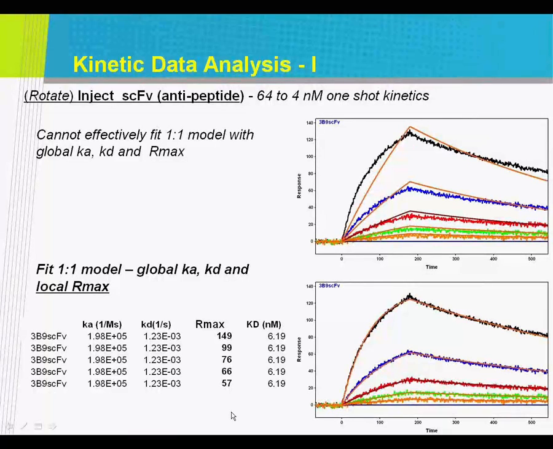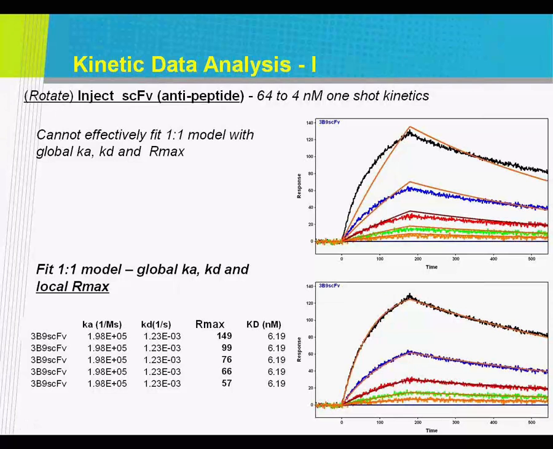The point to make here is that in order to do this assay, you have to be able to regenerate. Each time you do an injection, you regenerate. So you need to verify your regeneration conditions, which you may not need if you just do one-shot kinetics, as I outlined before. This way, you end up with 6 sensorgrams like here, and you can then fit them with a global Ka, Kd, and Rmax. So all 3 parameters are constrained for each of these curves, and then you determine your binding.